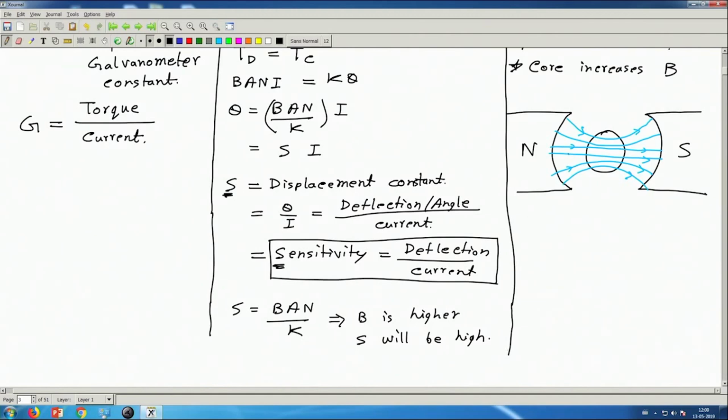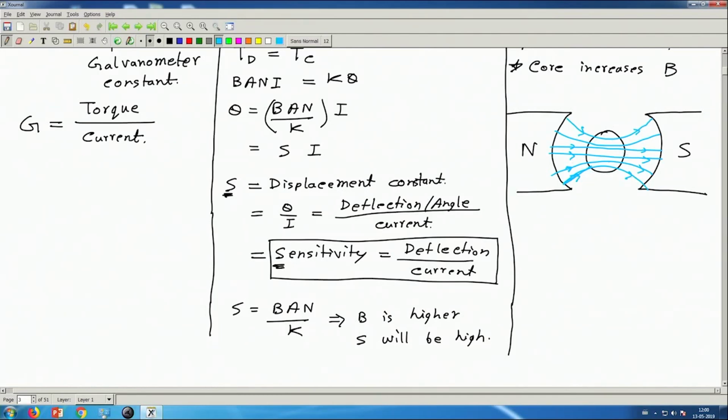Secondly, this core and these curved faces of the poles make the flux lines radial. Radial means the flux lines go like this, radially, so these lines are almost perpendicular to the circular or cylindrical surface of the core.